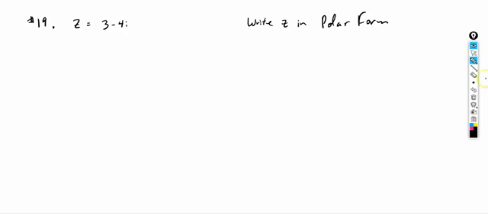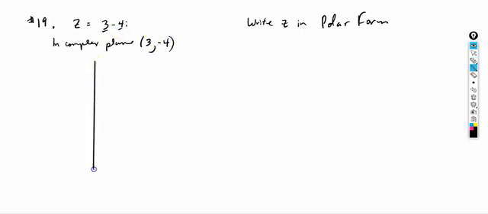Okay, so I'm going to draw this in the complex plane. So in the complex plane, z will be a point, and the x-coordinate is its real part, and the y-coordinate is its imaginary part. So in the complex plane, this is the real axis, that's our imaginary axis.